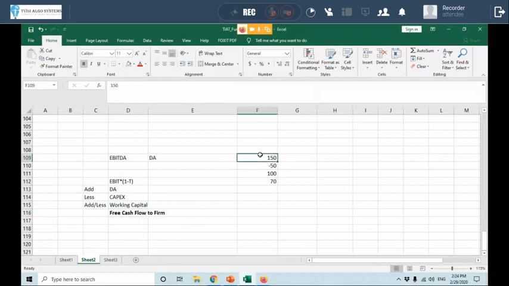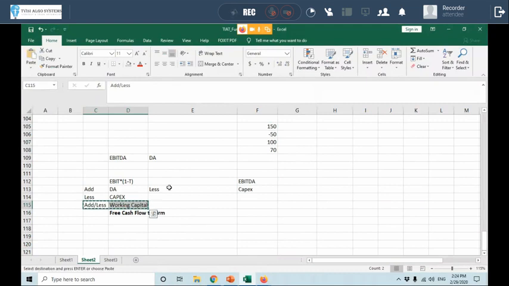The other way, some people also use EBITDA directly. Depreciation is already added, less capex, and add or less working capital.